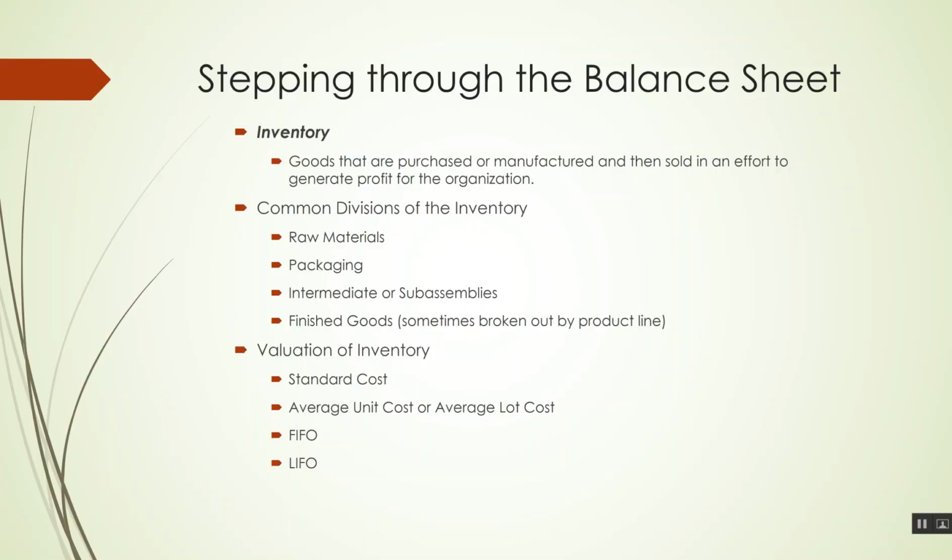You might have a ledger account for intermediate or subassembly inventory. This would be a product that is manufactured but hasn't yet been converted into a finished good. Say my organization makes soups. I might have an intermediate product to represent a huge 500-gallon kettle of soup.